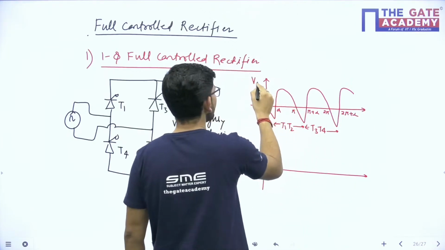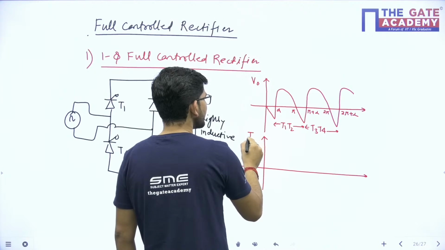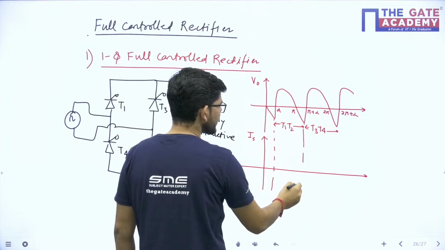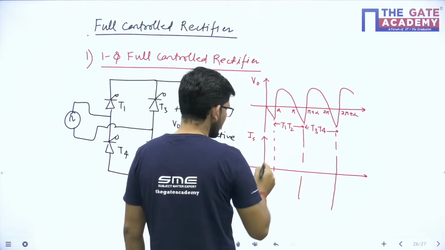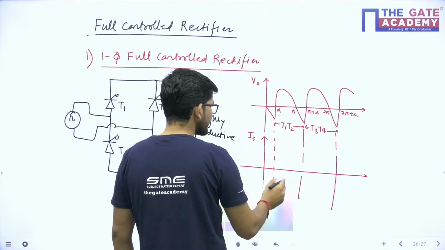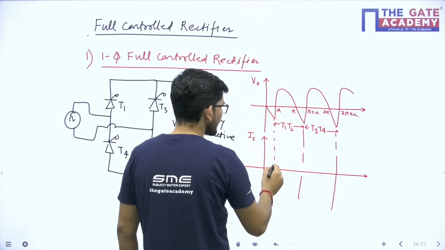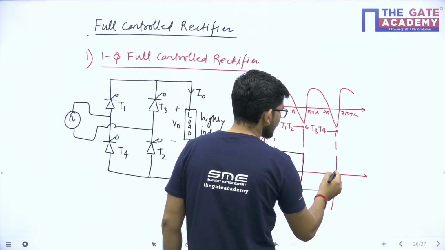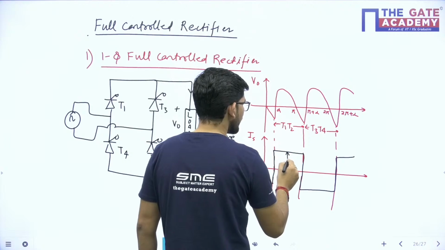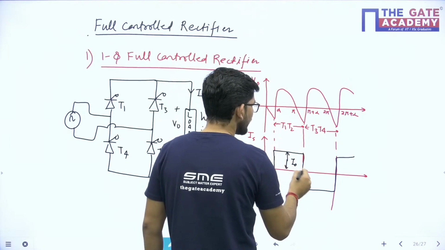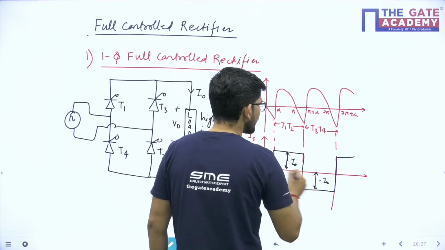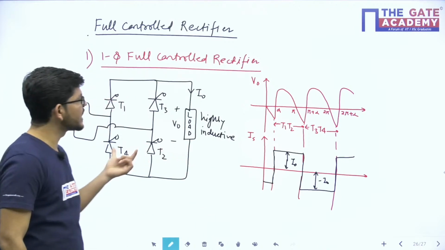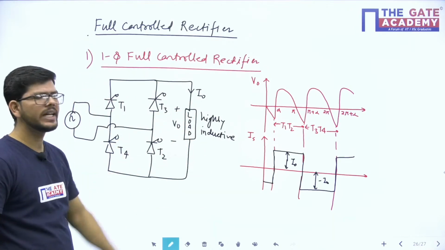So this is V naught, and if I draw the source current Is, the value of source current will be something like this. Okay, this magnitude is I naught, and this magnitude is minus I naught. So these are the output voltage and source current that we obtain in case of single phase full wave controlled rectifier in case of highly inductive load.